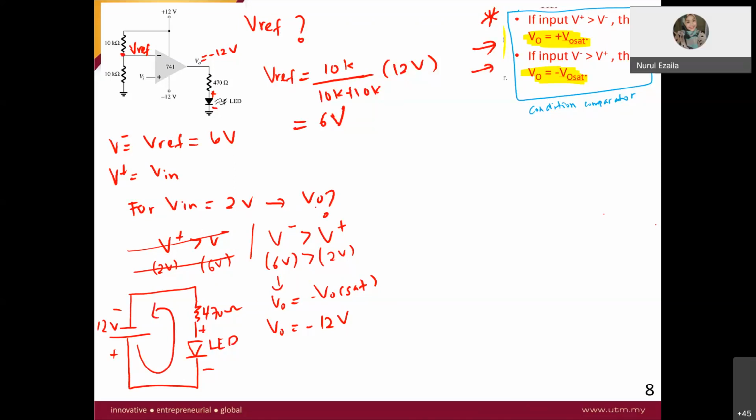Therefore, will the LED be forward bias or reverse bias? Reverse bias. Yes, LED will be in reverse bias. Therefore, when LED is reverse bias, is it on or off? Off. Yes.